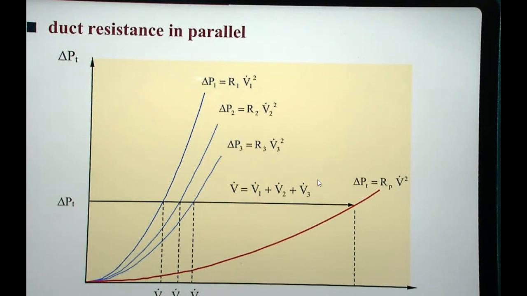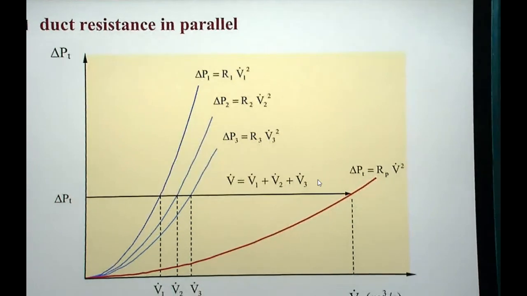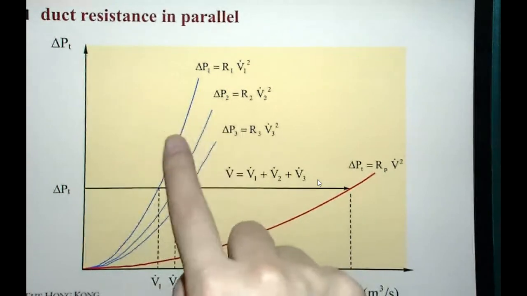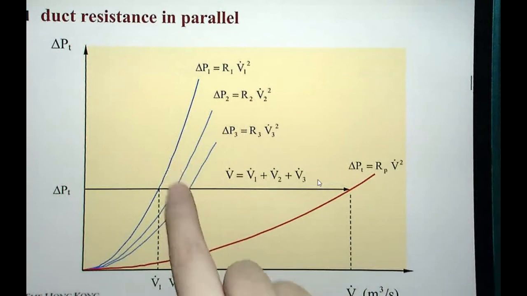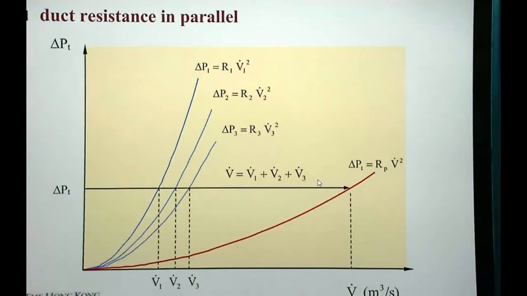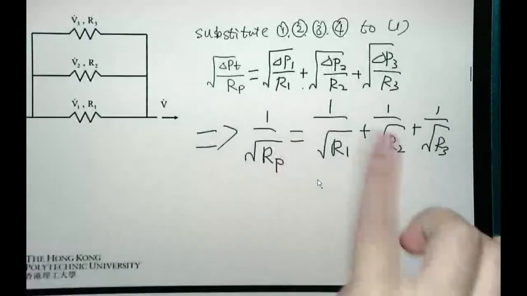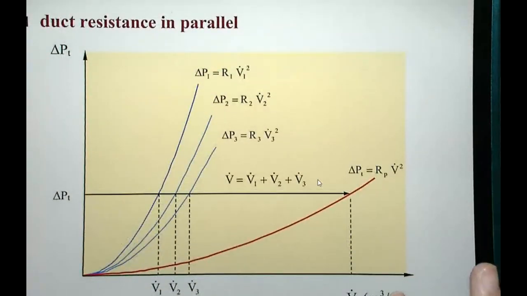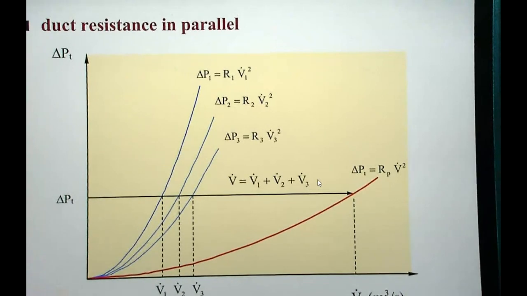So we can first of all plot the figure for the 3 duct sections with these 3 blue lines here. And then what we do is we do not want to go through all the calculation process, but we would like to plot the duct resistance on this chart directly.